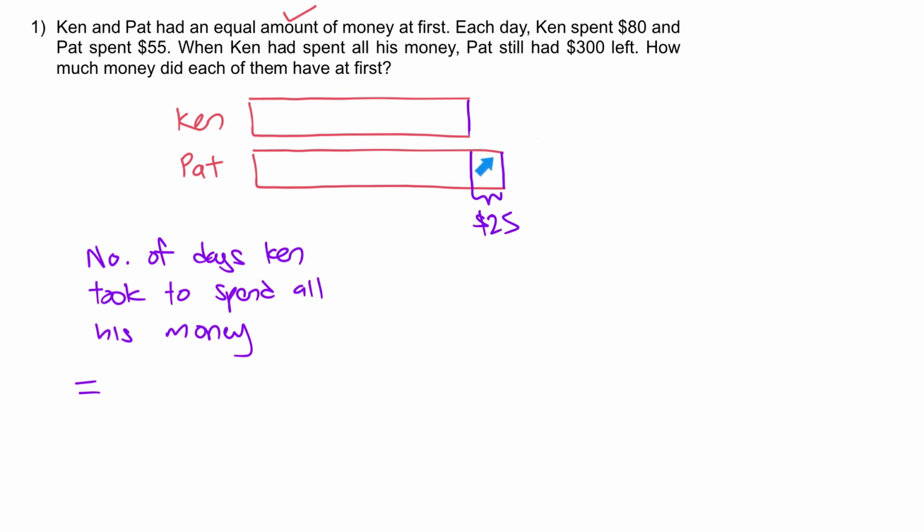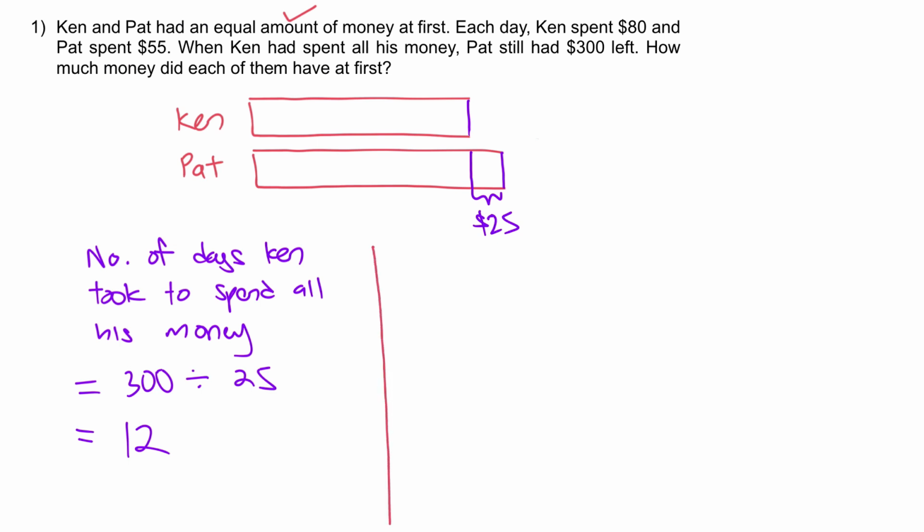How many days will it take to create a $300 gap between them? We just take 300 divided by 25. That will give you 12 days. It will take 12 exact days such that Ken would run out of money and Pat would still have $300 left.